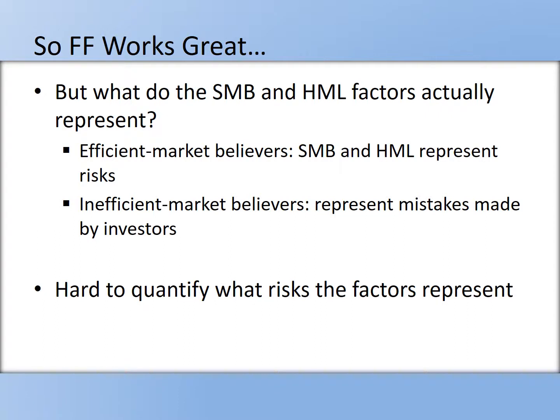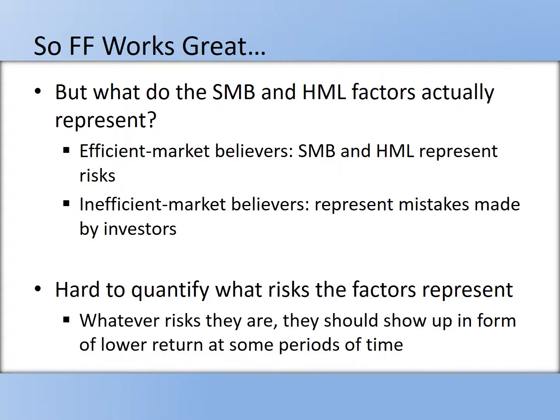To take the efficient market route, you first have to face the difficulty of how to quantify what risk the factors represent. What are the risks? It's clearly not exposure to market risk, because that's beta. What risk are we talking about when we have this small cap effect and this high book to market value effect?